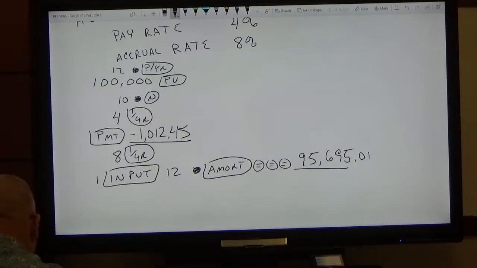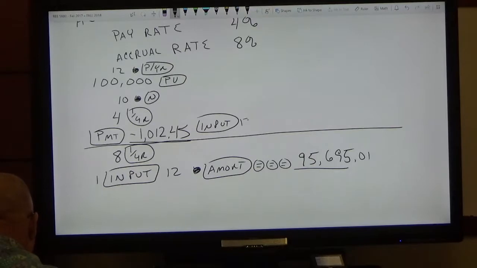Now what I want you to do is put your calculator down for a second. Let me do the math up here so you just get this in your head of what's actually happening. If we had stopped right here and put in 1 input 12, shift, amortize, equal, equal, equal, let's see what would have happened.